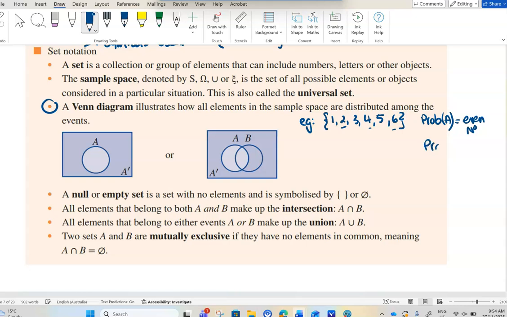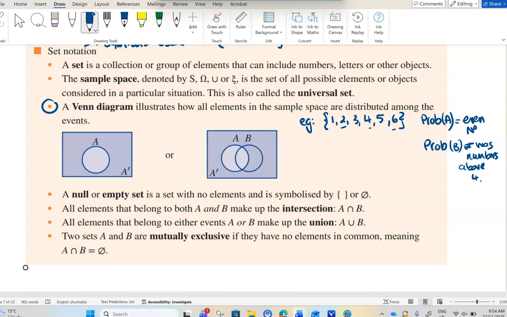And say the probability of B was the numbers above 4. So B would be 5 and 6. Would you agree? So we're going to display it in a Venn diagram.